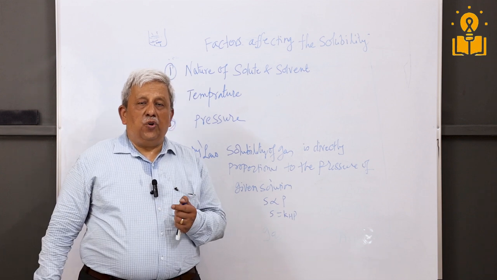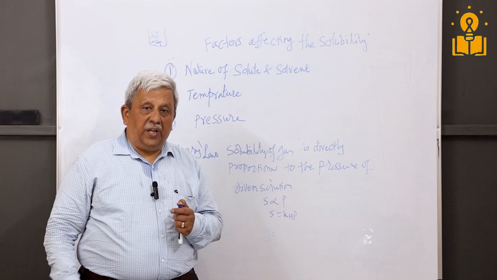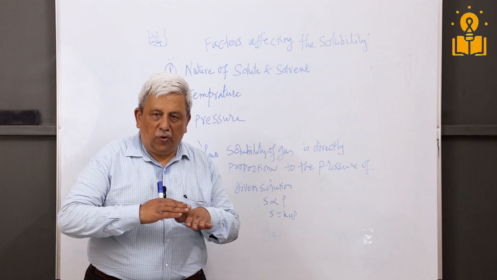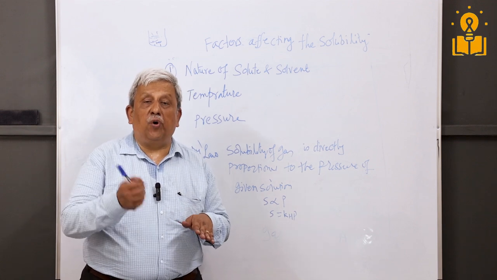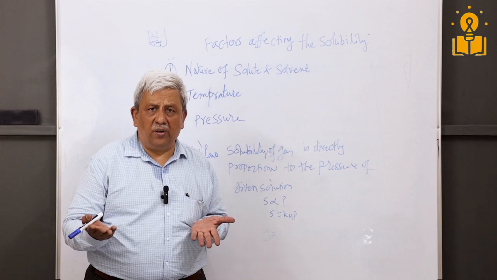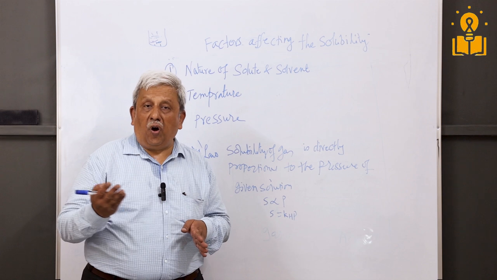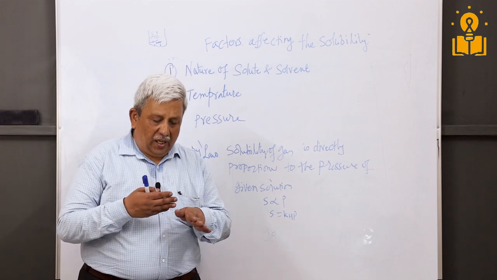Now you must be aware that normally when nail polish is applied to your nail, how is it removed? They said the remover. What is that remover? That is acetone. Nail polish is an organic compound, and we use acetone as the nail paint remover.